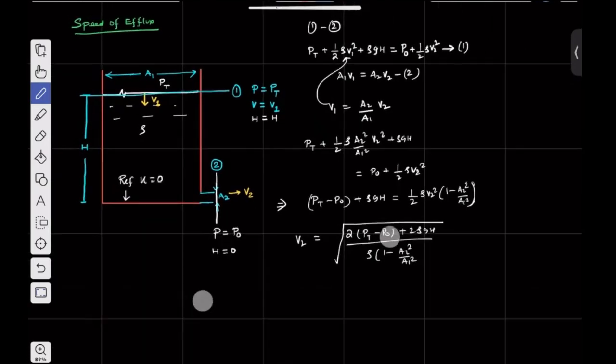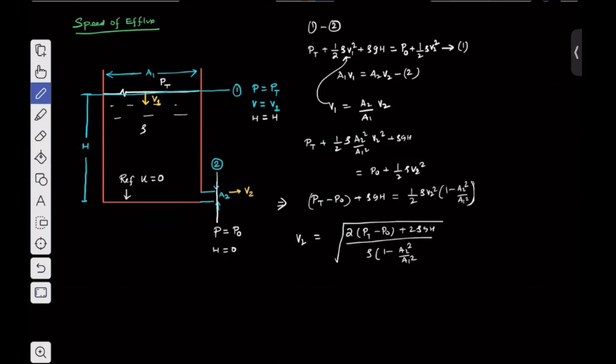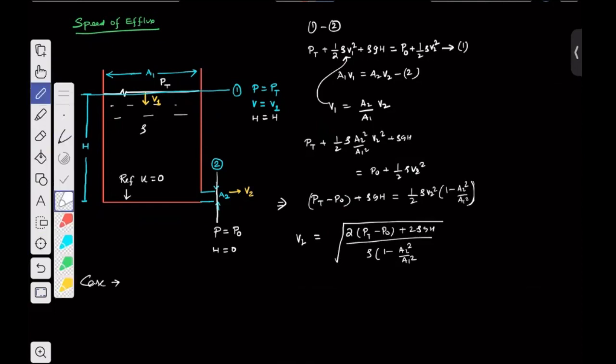Now we are going to take some cases. The most general case is when the cross section A1 is exposed to the atmosphere, or the tank is open to the atmosphere. Then the pressure PT will be equal to P naught.